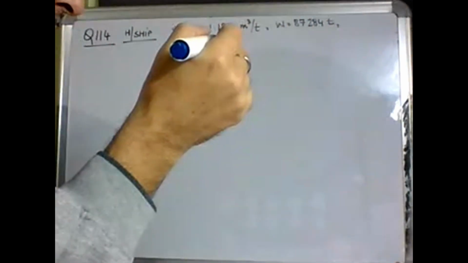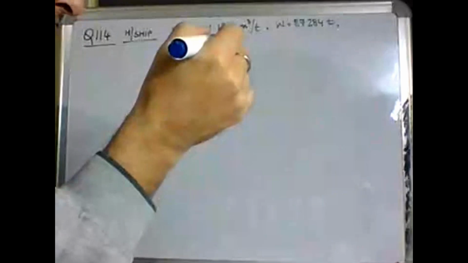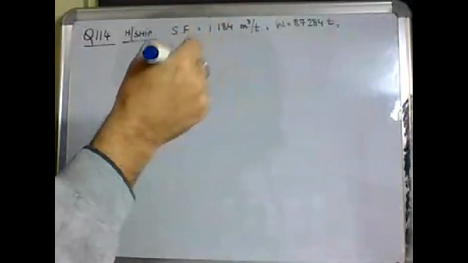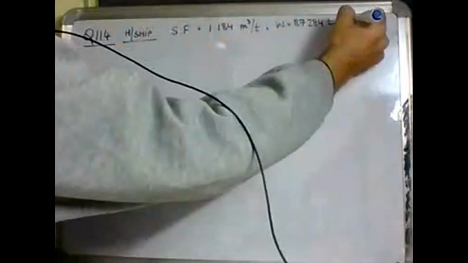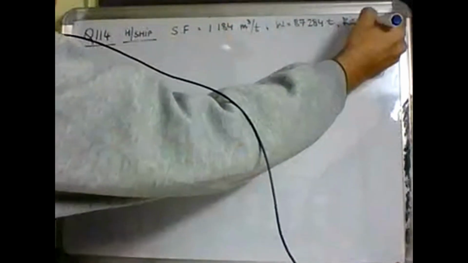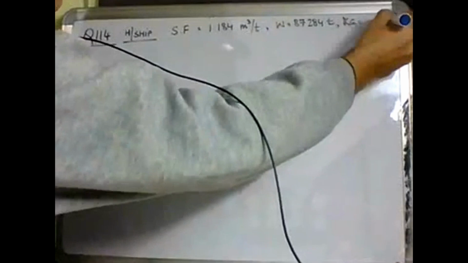Her KG, assuming that the CG of the cargo in the filled holds is at the volumetric centroid, is 10.36 meters.